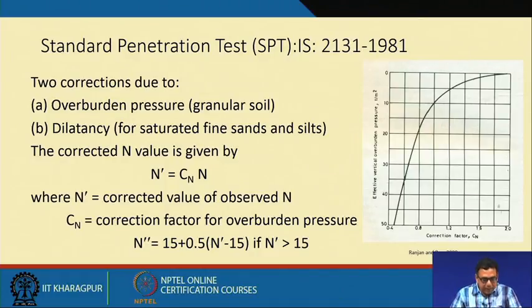As per the IS code, there are two corrections we have to apply. One is the overburden pressure correction, applicable for granular soil only, and the next is the dilatancy correction, which is applicable for saturated fine sands and silts.